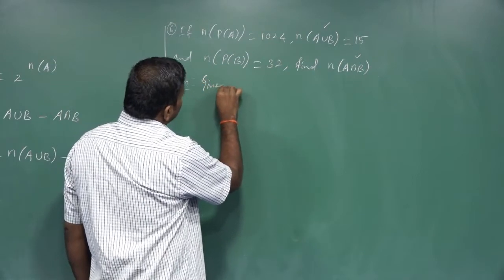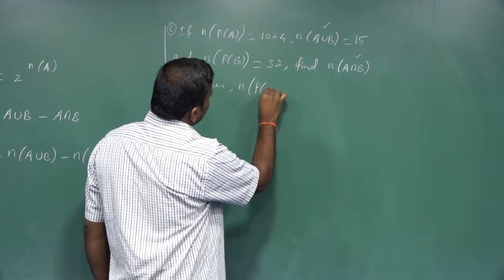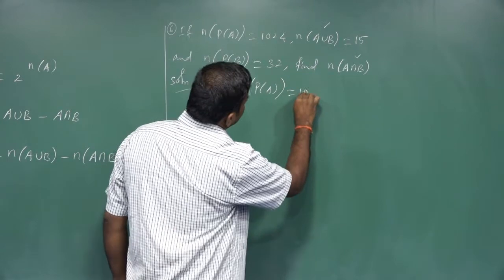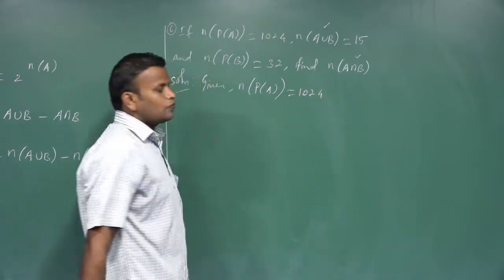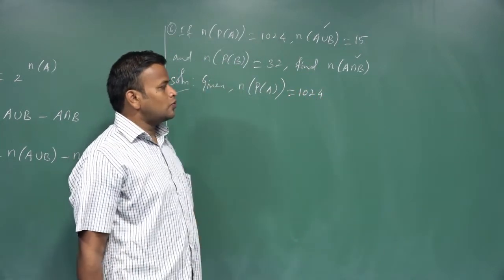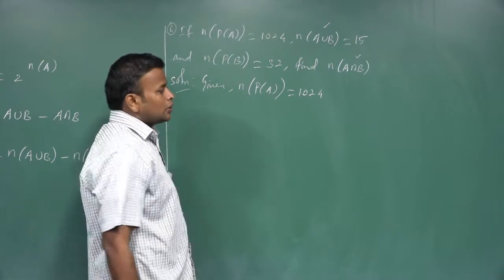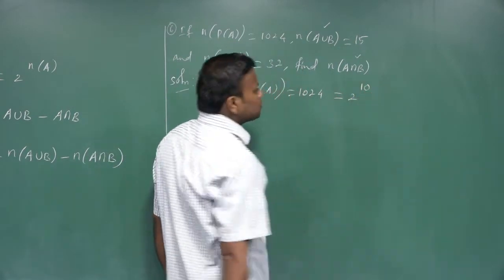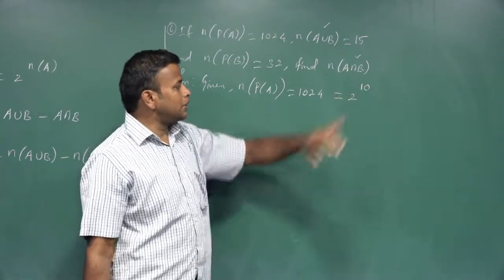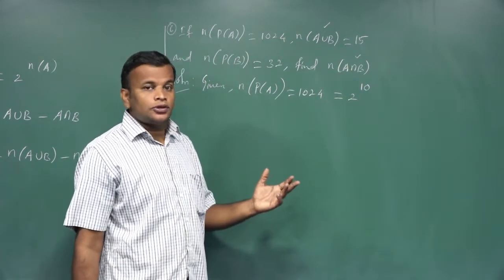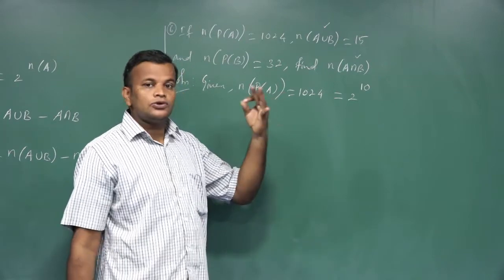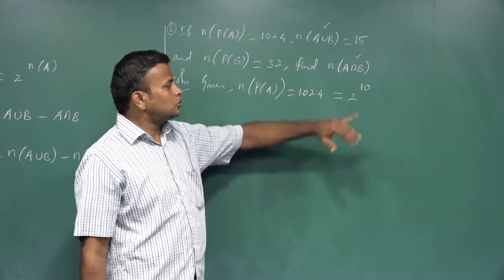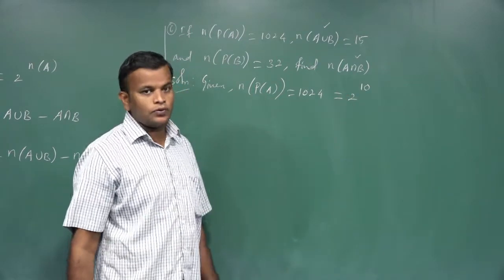Given first, n of P of A is equal to 1024. We know very well 1024 is a power of 2. How many times do we multiply 2 to get 1024? It's 10 times. The value of 2 power 10 is 1024. That means 2, 4, 8, 16, and we go up to 10 times to get 1024.